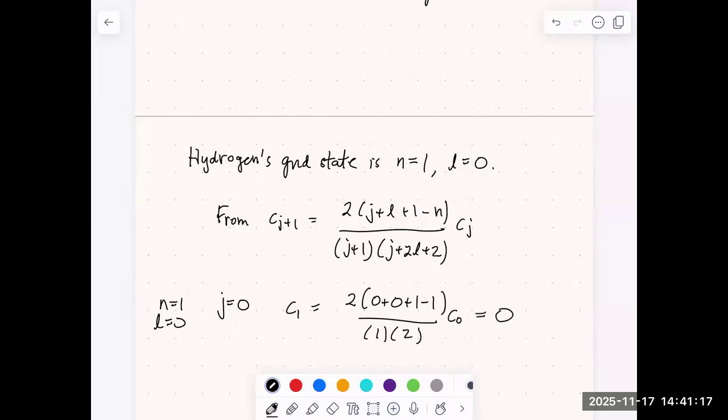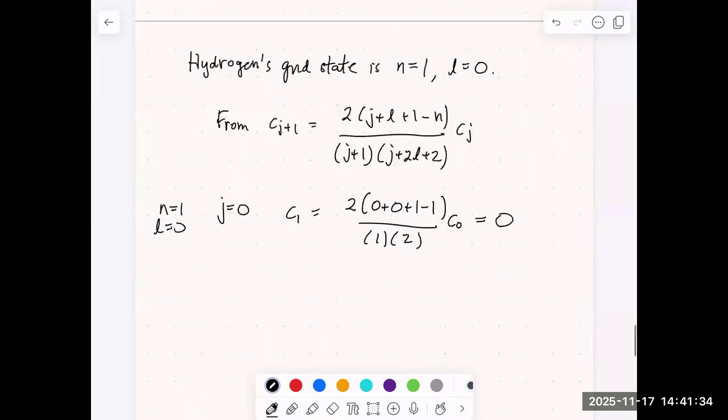But this is just equal to 0. So right away, we see C1 is equal to 0. If I put in j equals 1, I'd get C2 from C1. C1 is 0, so C2 is 0. C2 is 0, so C3 is 0, and so on. So we have only one surviving coefficient in this case. Therefore v of rho, which is our power series, is just C0, and that's it. Nothing else.